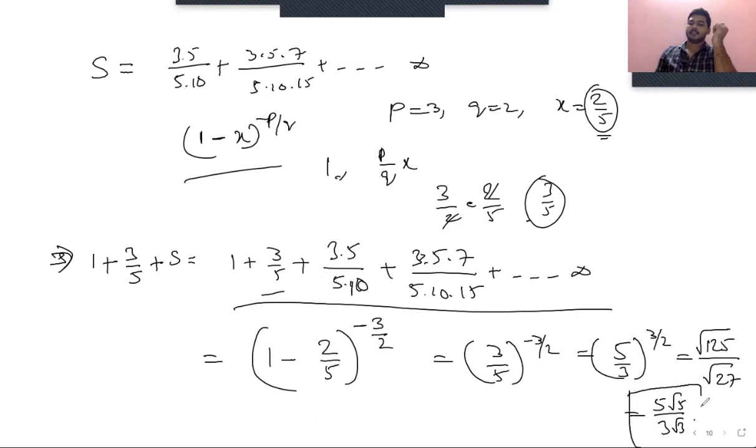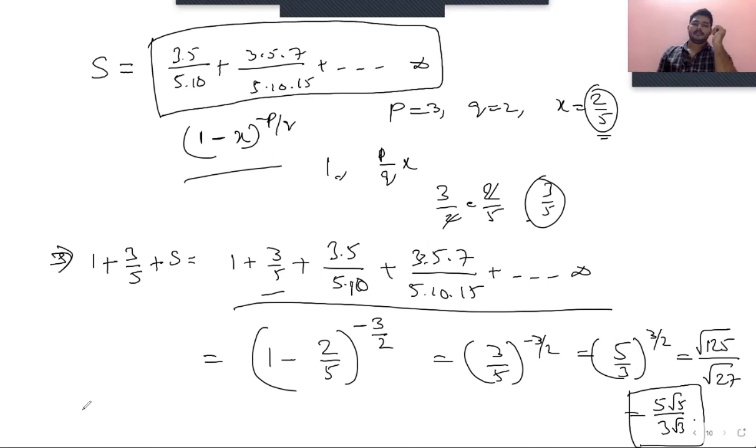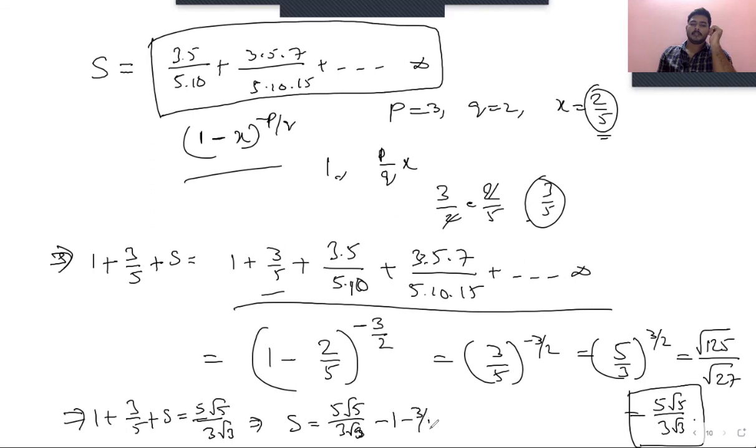Okay, so this is the answer for this infinite series. So 1 plus 3 by 5 plus s equals 5 root 5 by 3 root 3. So the value of s will be 5 root 5 by 3 root 3 minus 1 minus 3 by 5. So this will be the final answer.